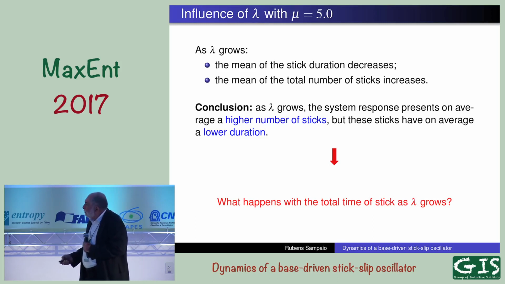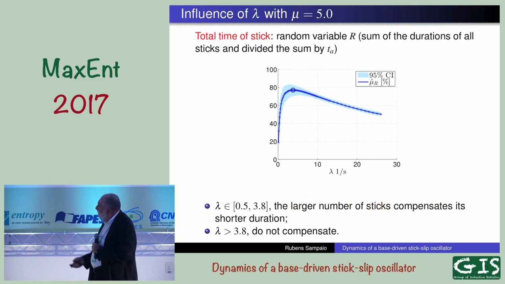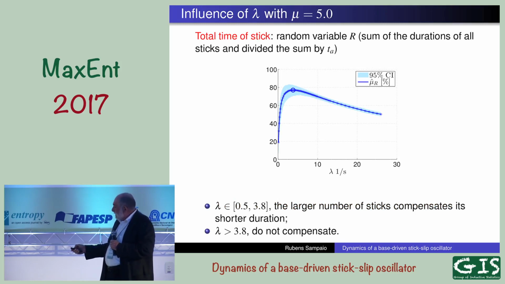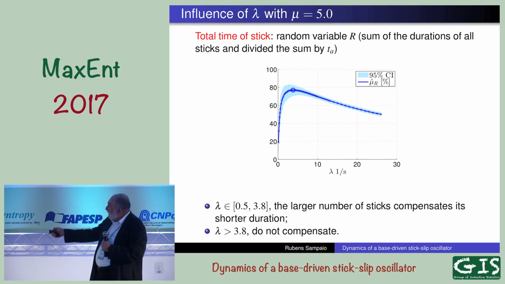So as lambda grows, the mean of the stick duration decreases, and the mean of the total number of sticks increases. How these two things compensate each other is this. If you look at the two, you see that one always finds a maximum point here, more or less in this region.